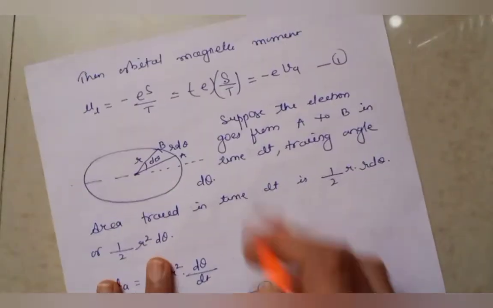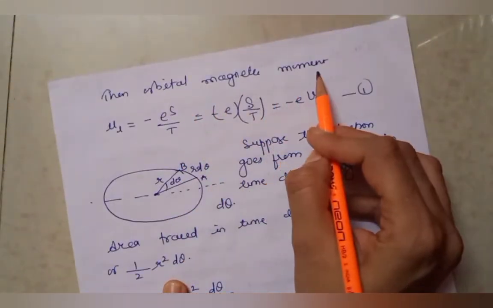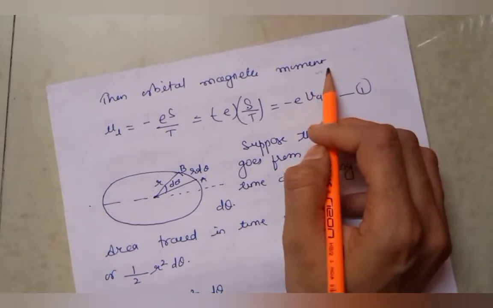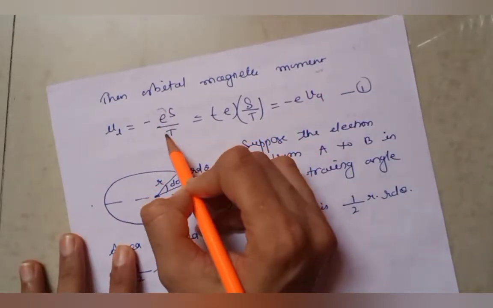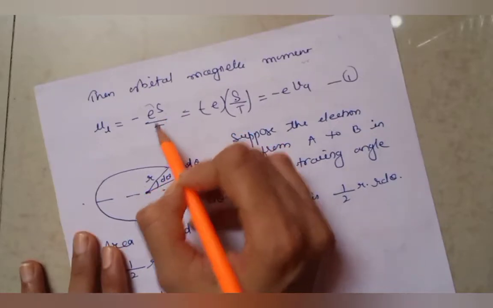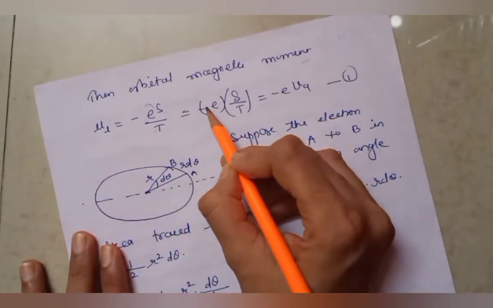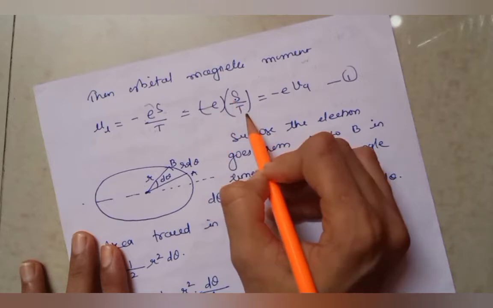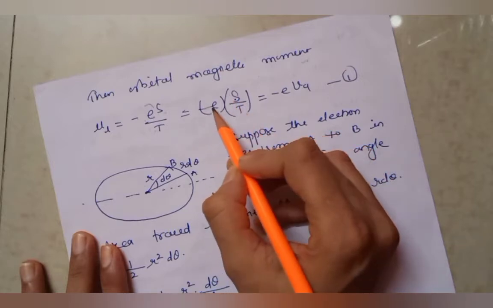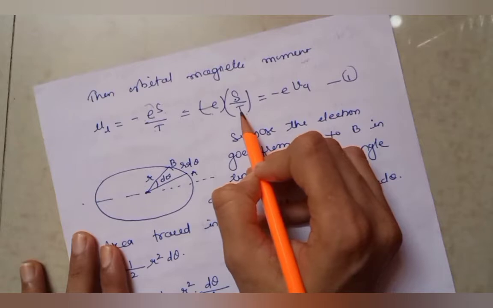So the orbital magnetic moment, according to Ampere's theorem, is current times area. The current is minus e by T, and the area is S. So I am getting minus e S upon T.